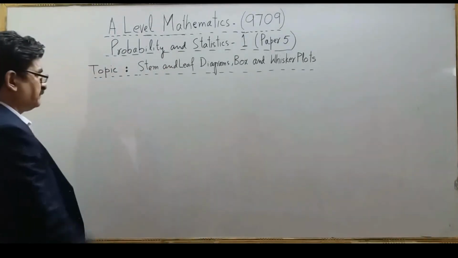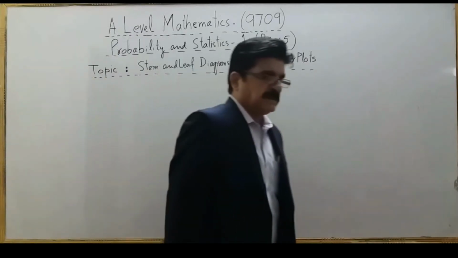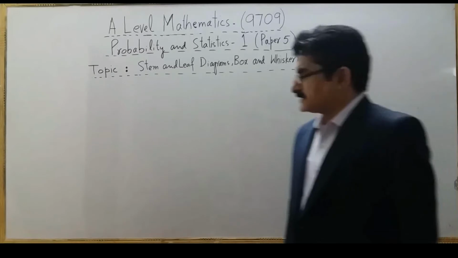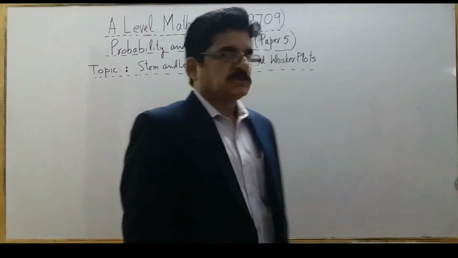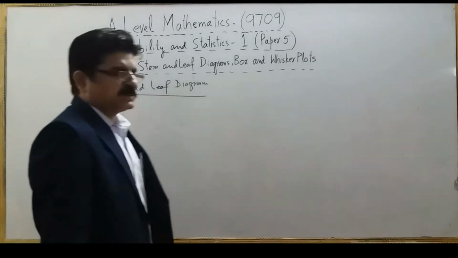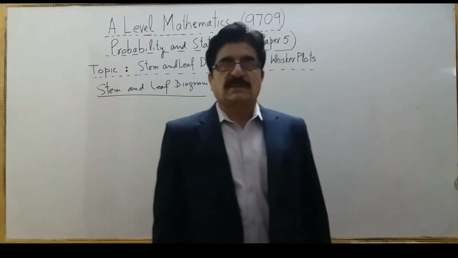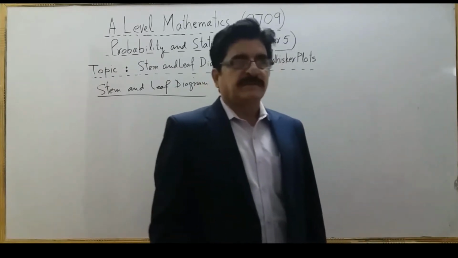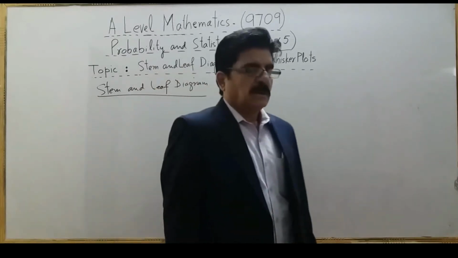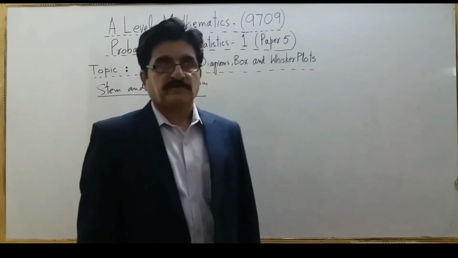Our first topic is stem and leaf diagram and box and whisker plots. First we discuss the stem and leaf diagram. This is a way to represent raw statistical data in an ordered way so that we can easily understand and analyze the given data.